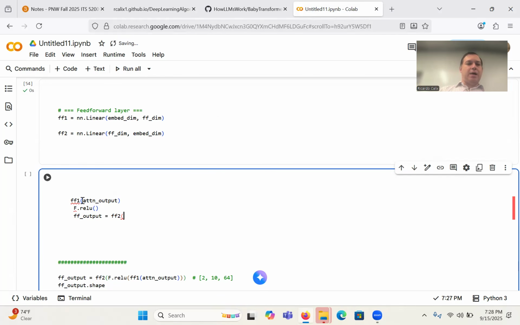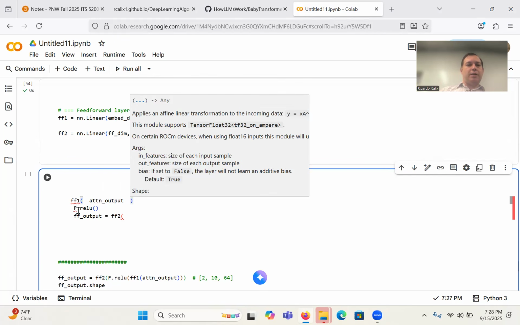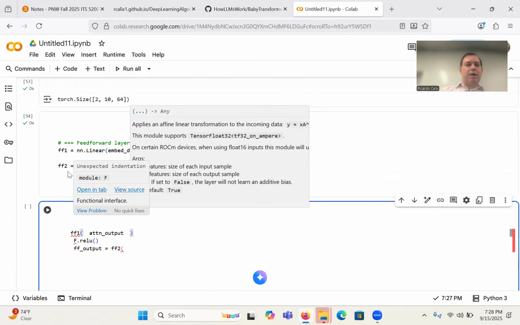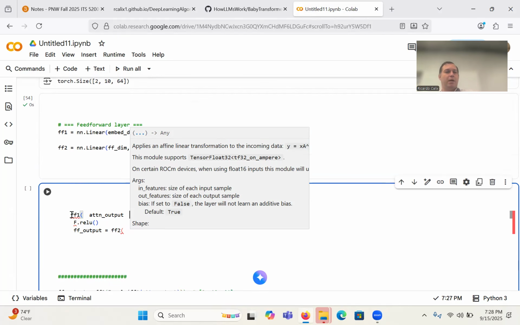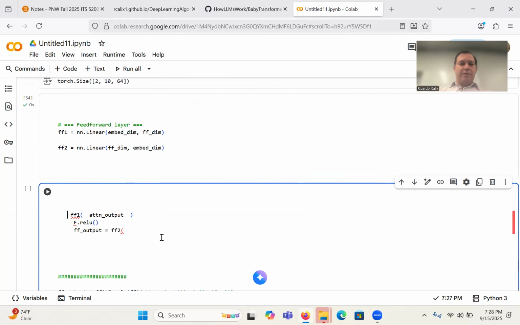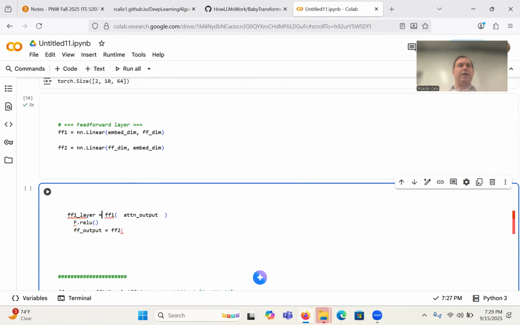We take attention output, which is where I'm at, and run it through FF1. And this is the FF1 layer. Do you guys see that?